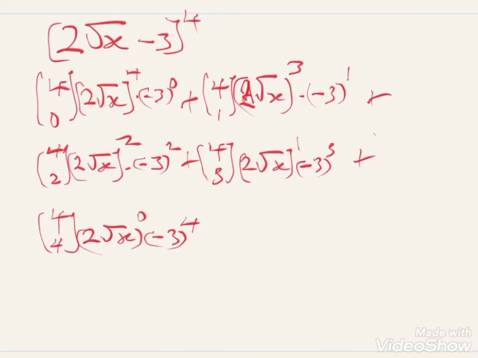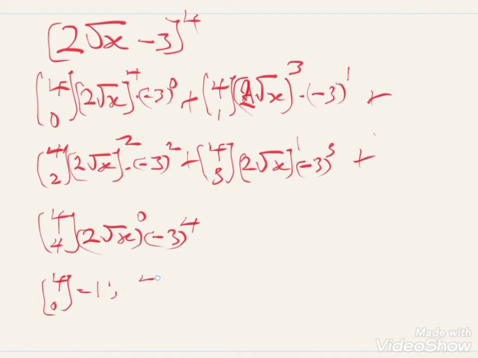So please make sure you copy this out for us to work out: 4 combination 0, 1, 2, 3 and 4. We shall work them out to have the values. The first coefficient, 4 combination 0, is equal to 1.